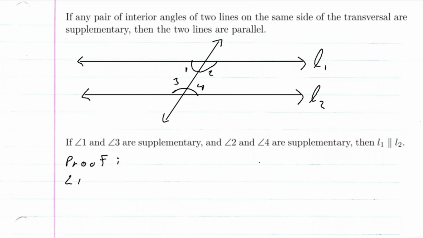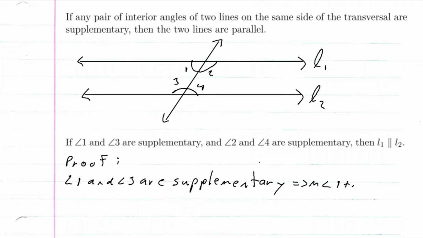So we know angle 1 and angle 3 are supplementary, and this implies that the measure of angle 1 plus the measure of angle 3 is equal to 180.